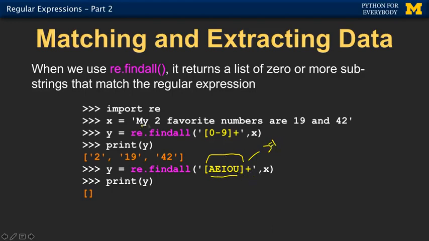And you say, are there any uppercase vowels in here? No, no, no, no, no, no, no. So it doesn't find any, so I get back nothing. It has to give me a list. Find all of the substrings that match that regular expression and give them back to me. There were none, so you have an empty list. So you do have to check to see how many things you got back, because you might get 1, you might get 0, you might get 25 things back from a particular regular expression when you give it a line.